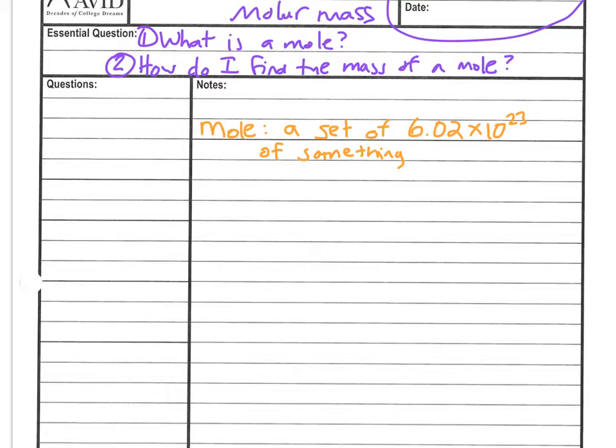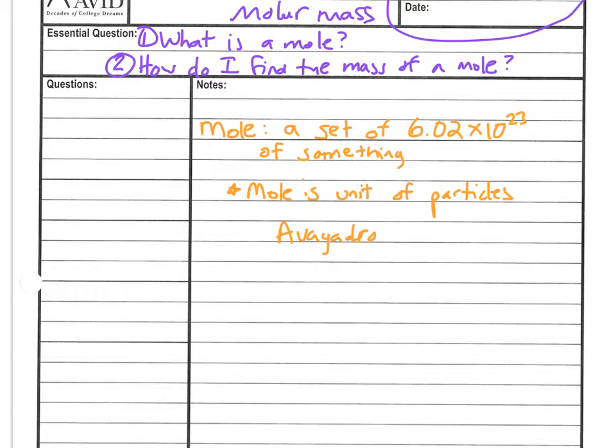Now, we use the mole to help us think about particles. You see, since particles are so stinking small and we can't see them, we use a mole to help us think about how many there are. And you might be asking, how are we able to know that that's the right number of moles? Well, there was this guy named Avogadro, and he did some experiments to determine this number.